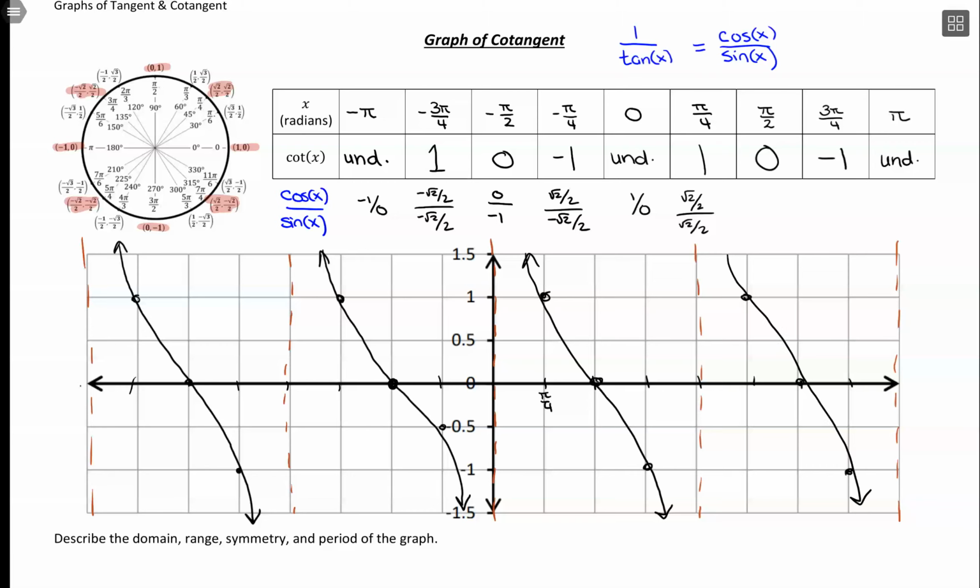And something like that. So the structure for cotangent looks a lot like tangent. We still have this period of pi occurring. So every 4 blocks or this distance of pi, there's going to be an asymptote. It's just our asymptotes start at 0. And then from there, just make sure the points go positive, 0, negative.